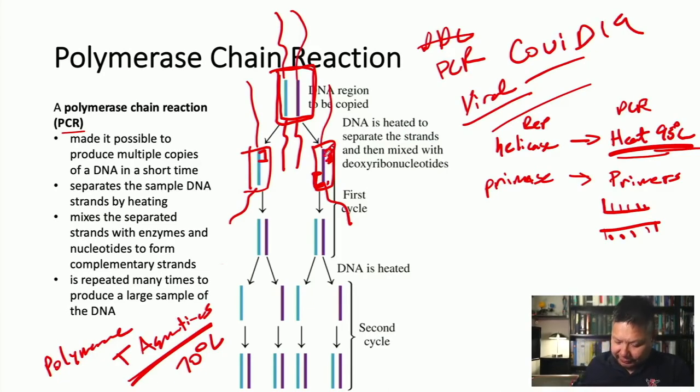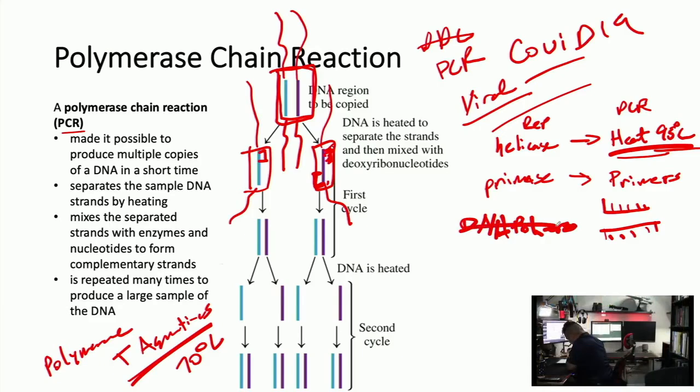Once that happens, after the primer binds, right, we bring in, where it's already in the solution, right, we use DNA polymerase. But in natural replication, we just use DNA polymerase. Let me write that again.